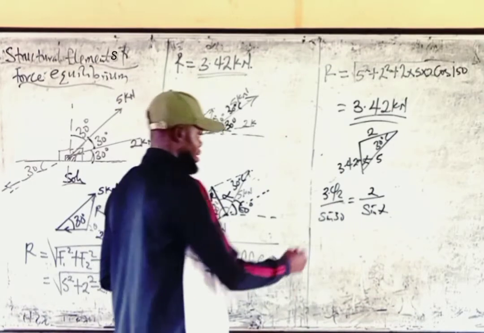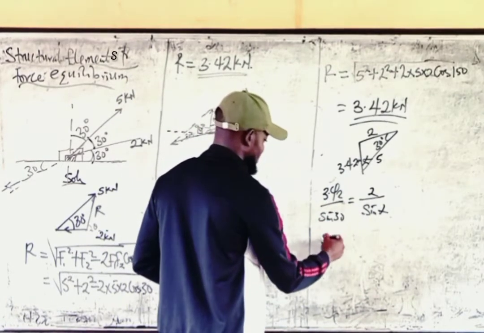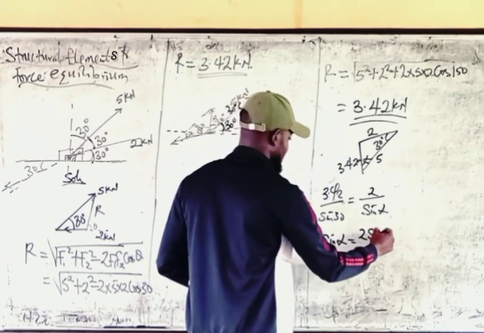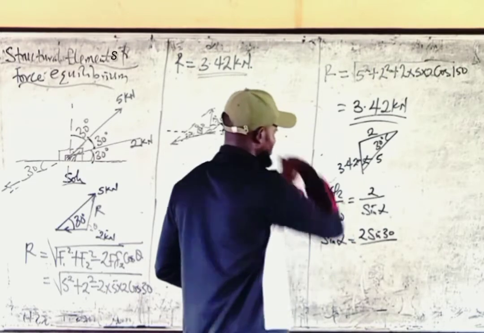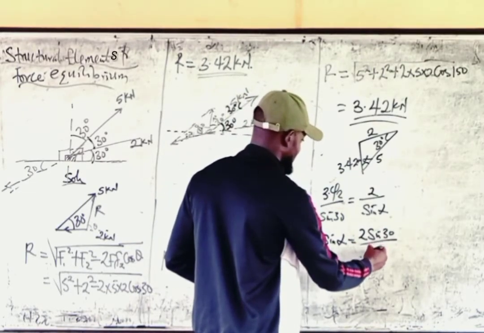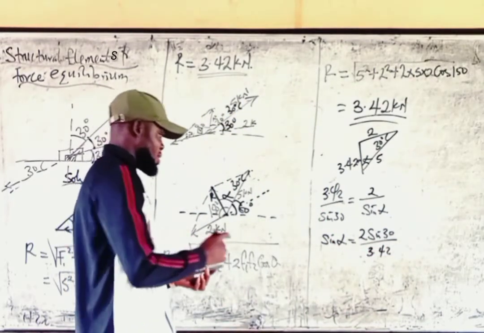If you cross multiply, we will have sine alpha equal to 2 sine 30 over 3.42.